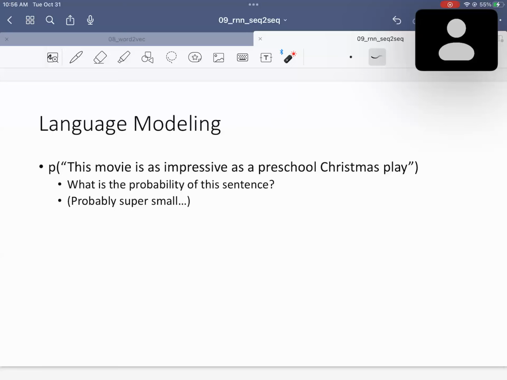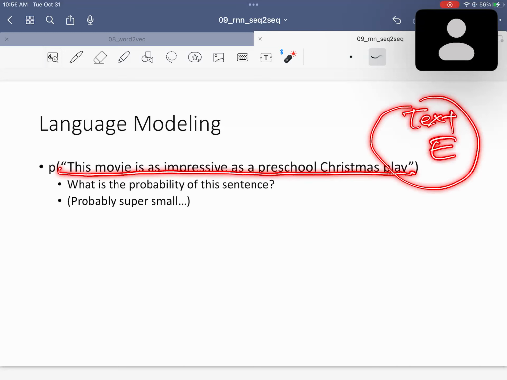So what language modeling is historically is to be able to tell how likely your given text is. Like this sentence, this movie is impressive as personal. What is the likelihood or the probability of seeing this particular text in all text space, like text of English?